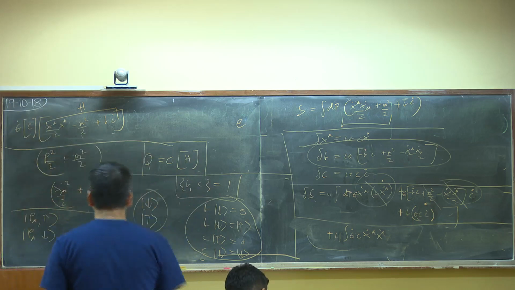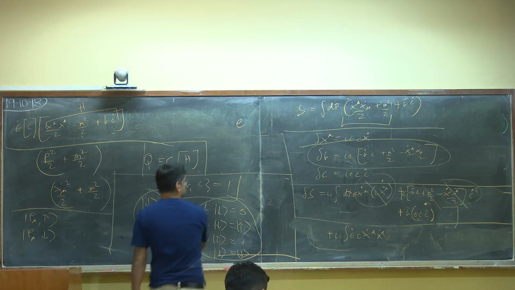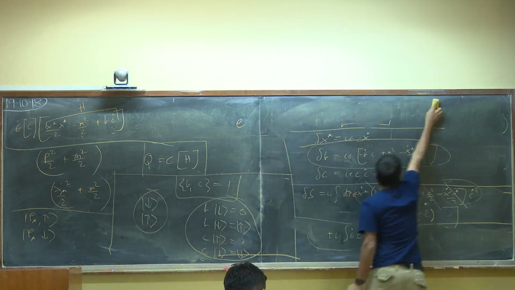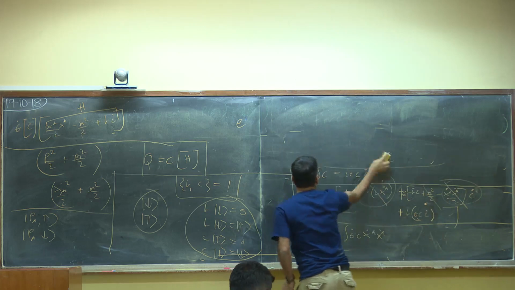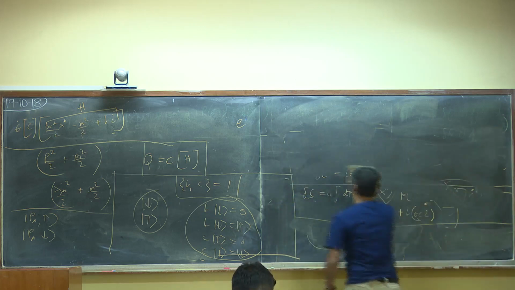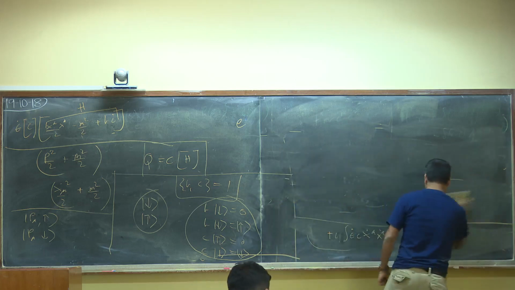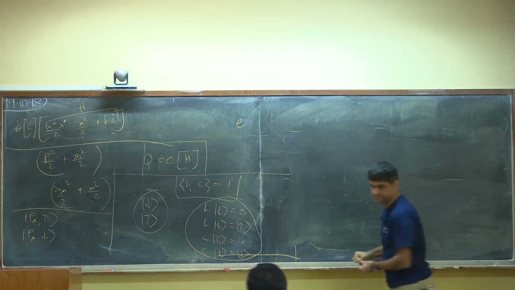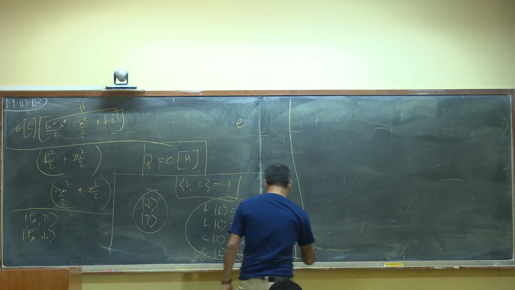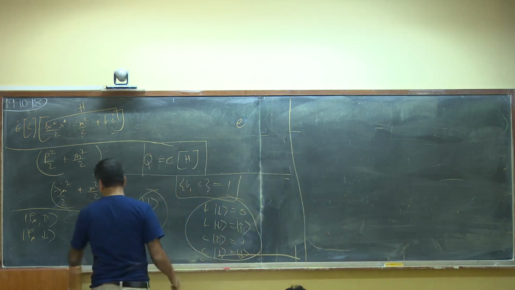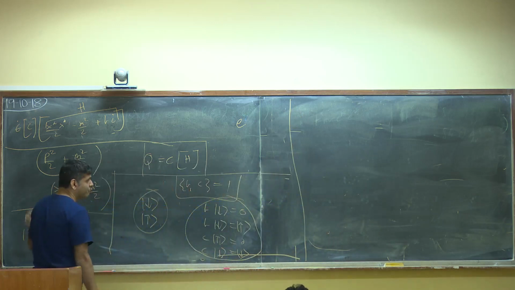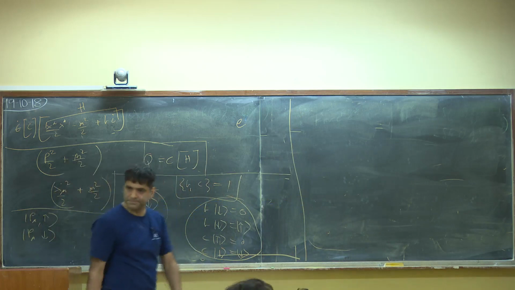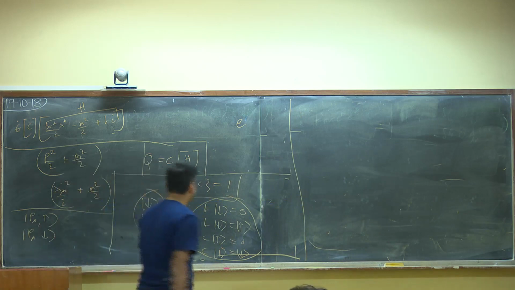Okay. Now what I want to do is to compute the cohomology of this BRST operator. So the first thing I'm going to do is just compute the action of the BRST operator on our basis vectors. Okay.